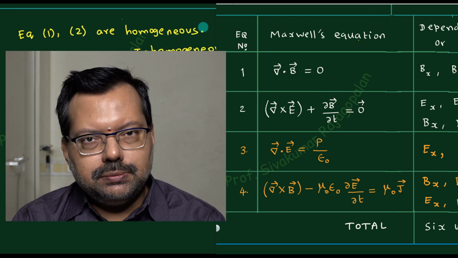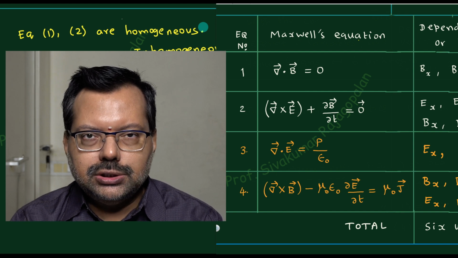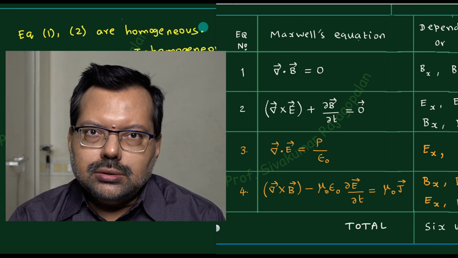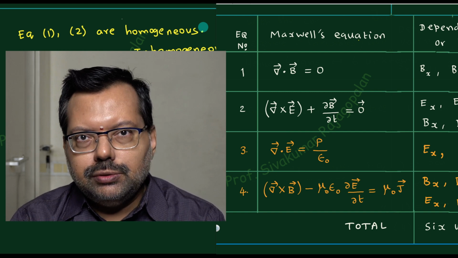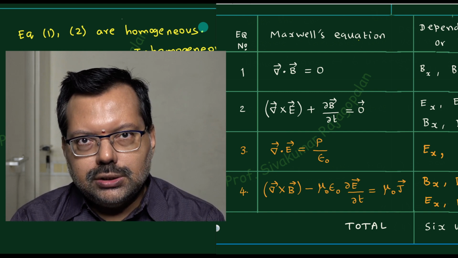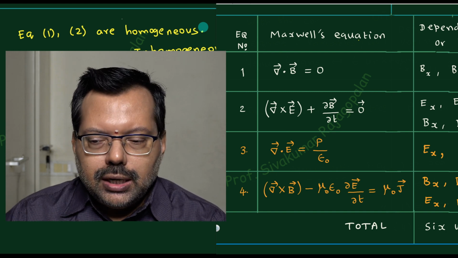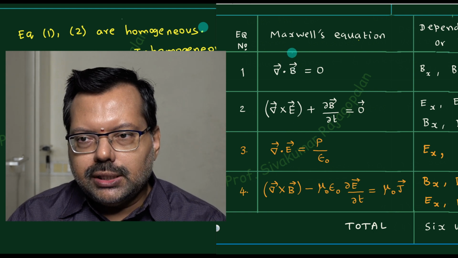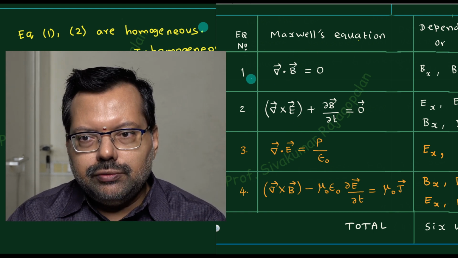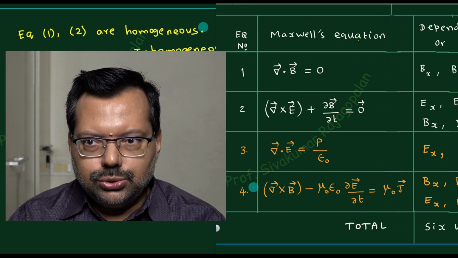So the primary purpose is clear for you, and since we have discussed the Coulomb gauge corresponding to the static fields, today we would like to discuss the similar situation corresponding to the dynamic fields. And of course, the starting point is shown here. You can see that the Maxwell's equations are written here, and we are going to follow this numbering, and therefore the equation numbers are also shown here.